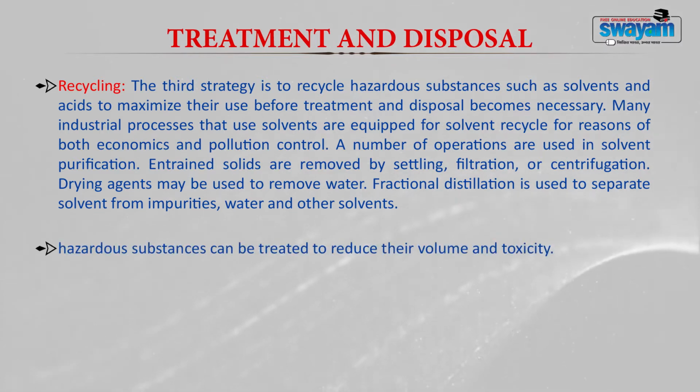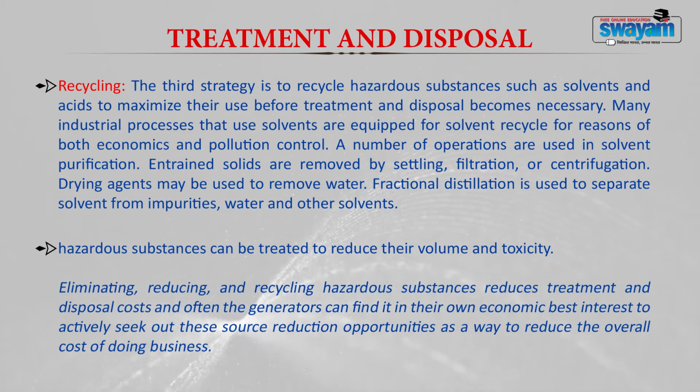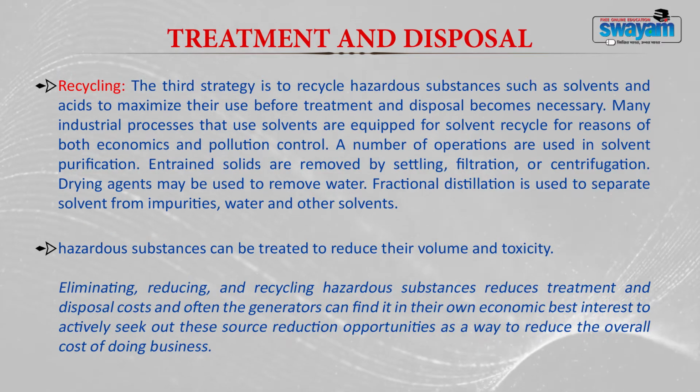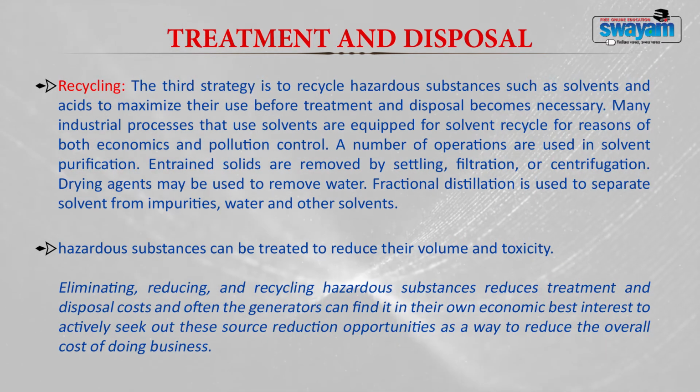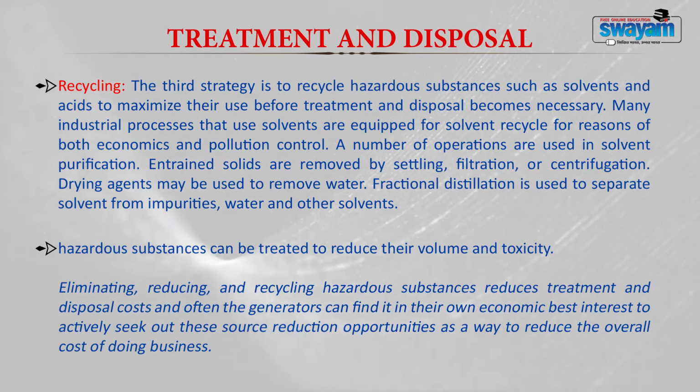Finally, the hazardous waste can be treated to reduce its volume and toxicity. Elimination, reduction and recycling reduce the treatment and disposal cost, and often the generator finds it best because it is economically viable and cheap also. If a person is doing all these things, he can reduce the cost of operation.